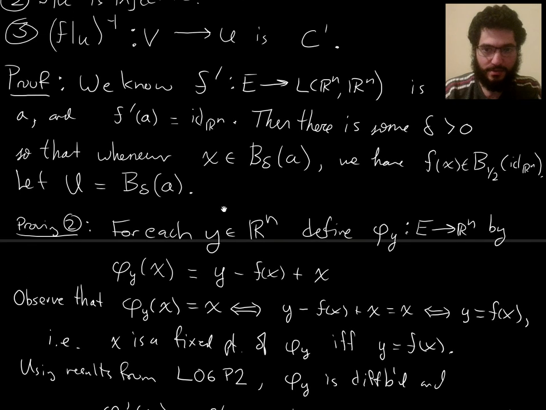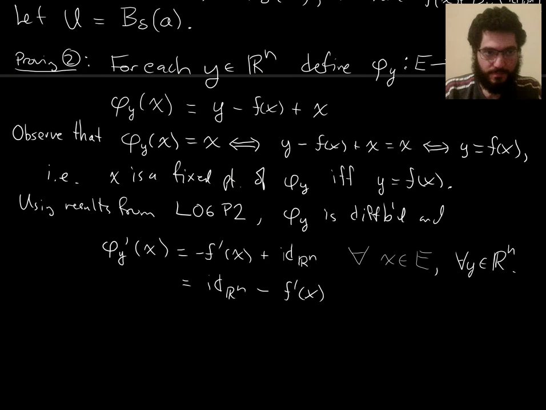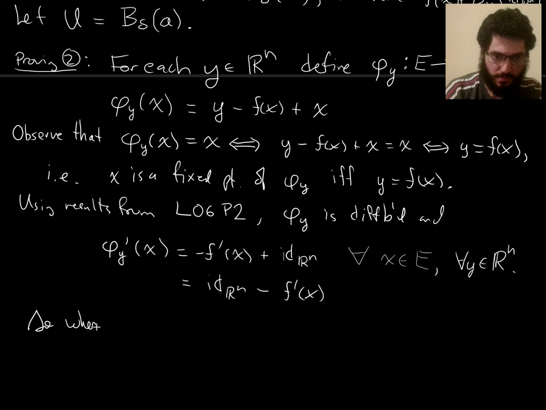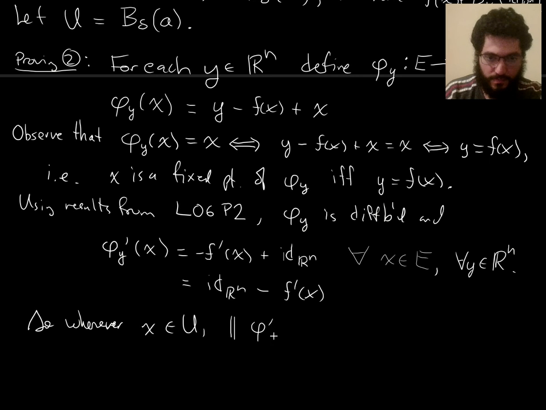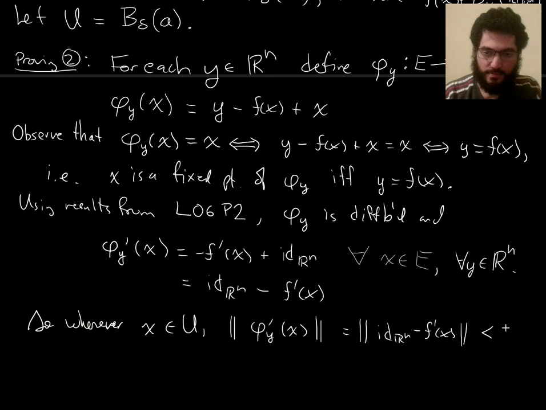So back here, whenever x is within delta of a, whenever x is in U, I have that f prime of x is within 1/2 of the identity, meaning this, which is this, is less than 1/2.